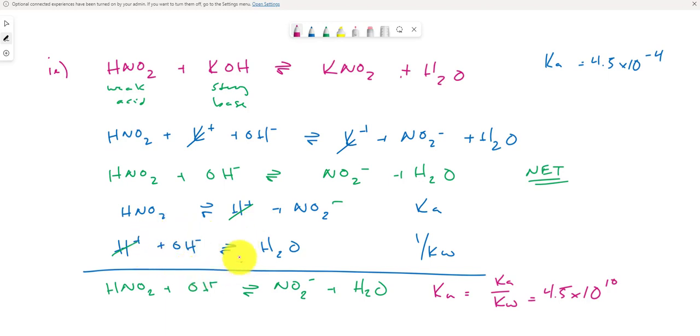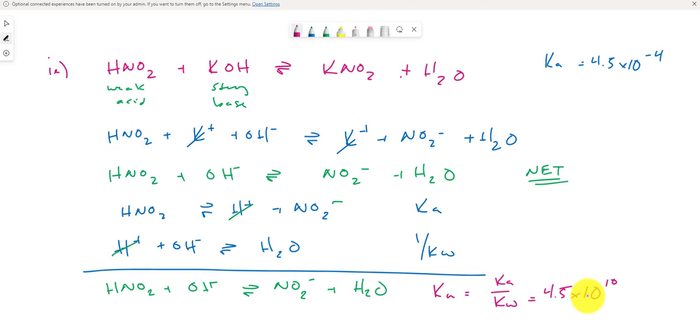That allows me to write the dissociation of water in this form instead of the previous form. Same exact process here, get rid of the like terms on both sides, and we end up with the overall reaction, which is the same as the net that we were targeting. Now Kn is Ka over Kw, which turns out to be this huge number, just like we had before. So the equilibrium lies far to the right.